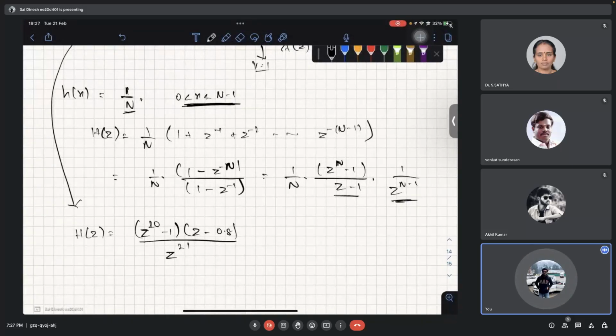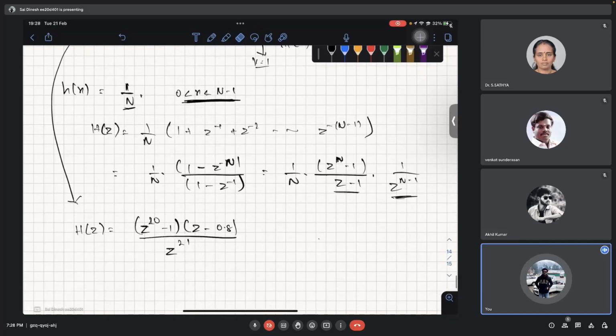So in the question, what are they asking? He is asking for the highest power of z inverse in the numerator. So you need to just divide by z inverse. How do you get it?